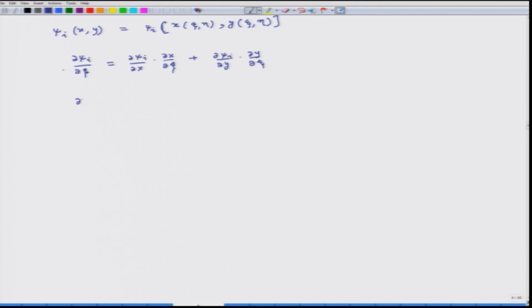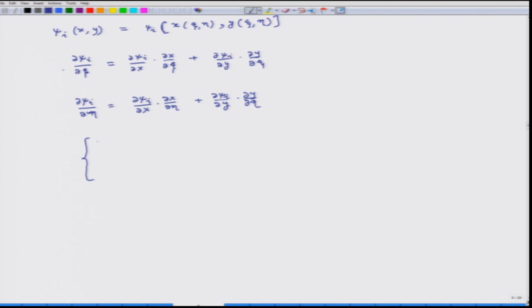Similarly, del psi I over del eta equals del psi I over del x times del x over del eta plus del psi I over del y times del y over del eta. Okay.